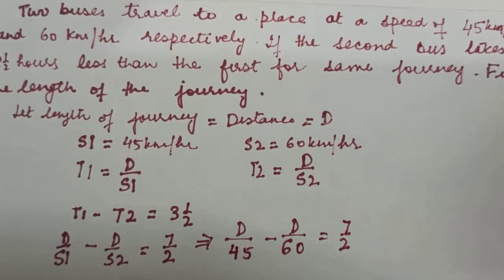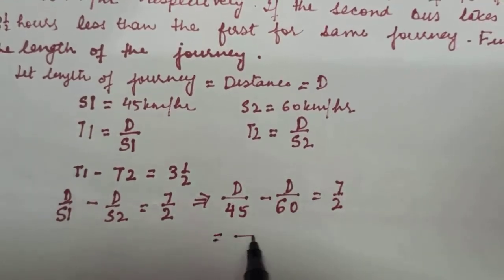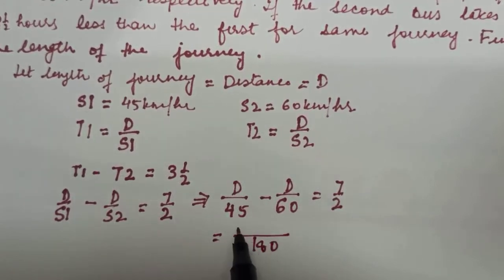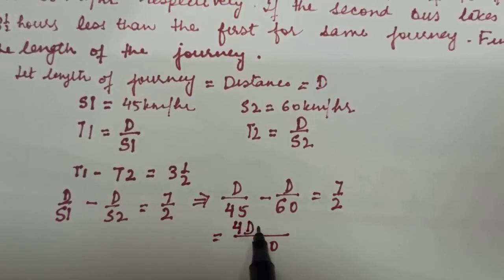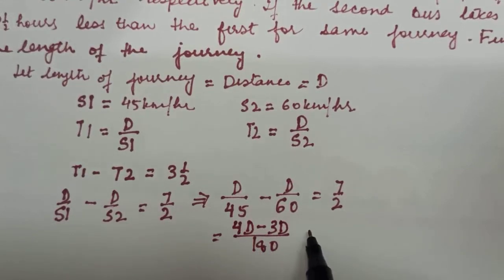Now we can simplify this by taking the LCM. If you take the LCM here, 180 is the LCM, and 45 fours are 180, so 4 times distance minus 60 threes are 180, so 3D, is equal to 7 on 2.